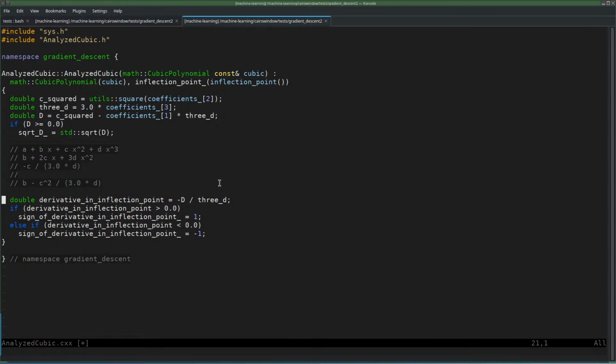I could just look at the sine of 3d, which means I just look at the sine of d. And d is just coefficient 3.